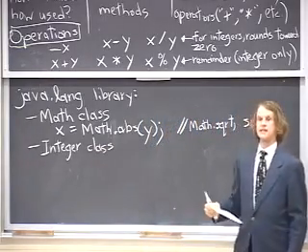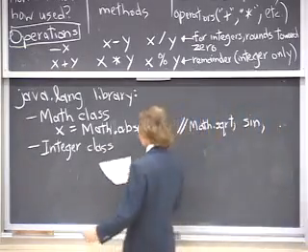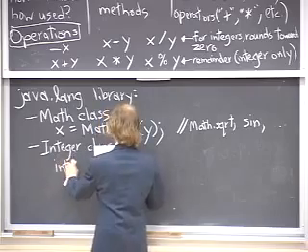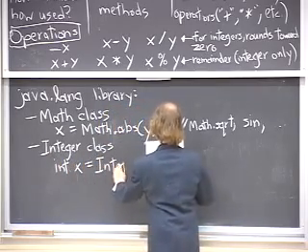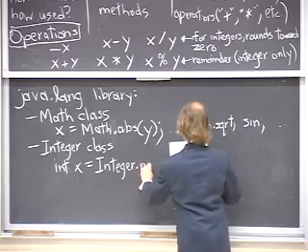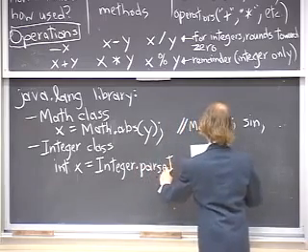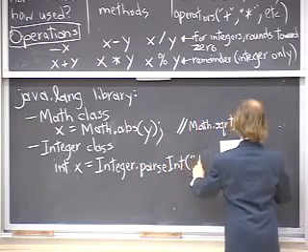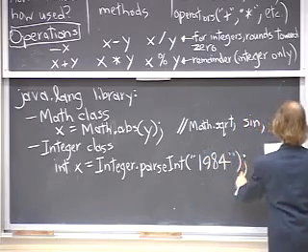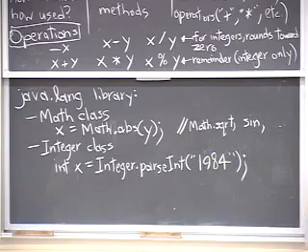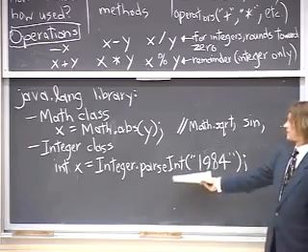Like the Integer class has a particularly useful method called parseInt, which converts a string to an int. So if you ever, say, read a string from the keyboard, then you want to convert it from a decimal string to an actual number that you can do math on, this is how you do it.